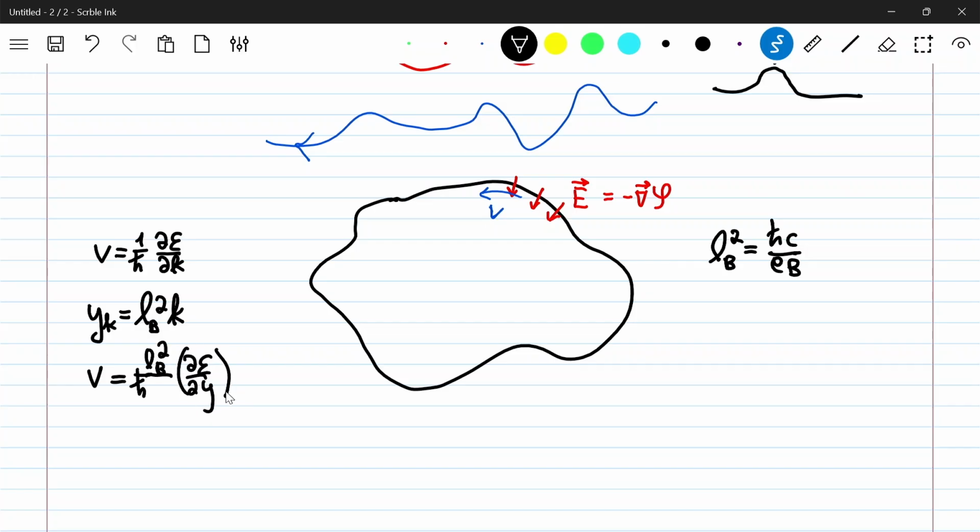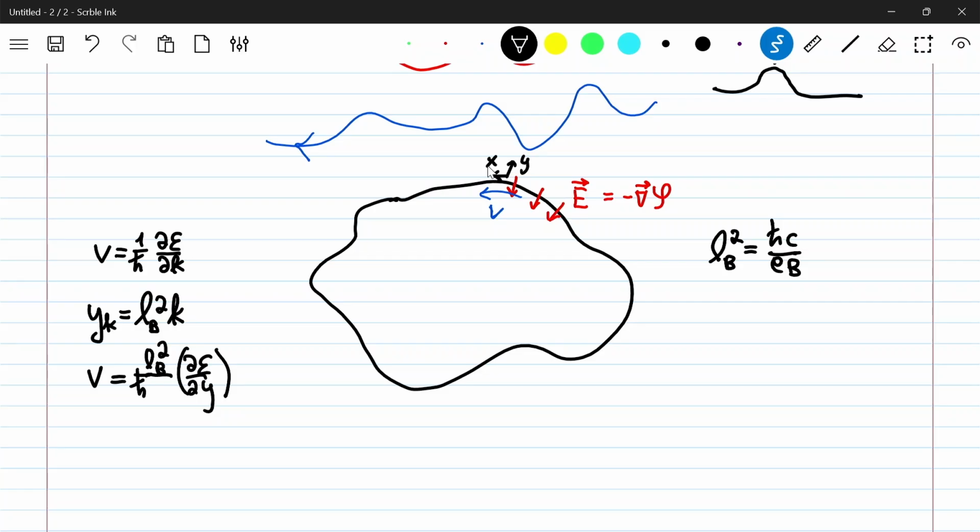Where here, when I say y direction and x direction, I no longer have Cartesian coordinates, but I can define them locally. So at any point, I define this to be a y direction and this to be an x direction. And my coordinate system changes slowly with the edge.